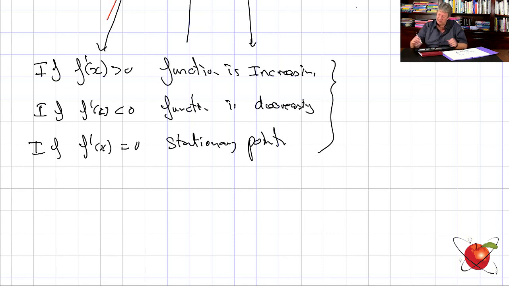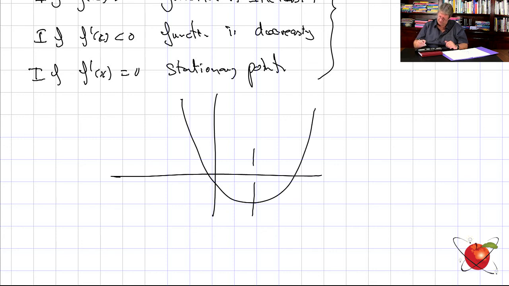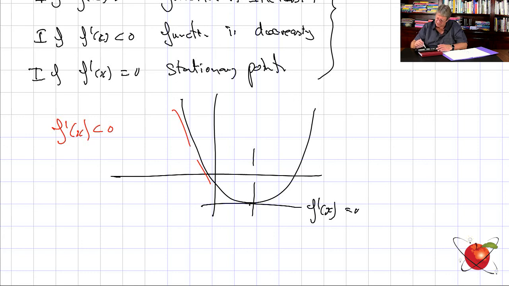Or what about this one here? Just take it up slightly. I have got over this side, okay, there's my turning point. There, f prime of x is 0, but on this side, I can say f prime of x is less than 0. The other side, green, I say f prime of x is greater than 0.